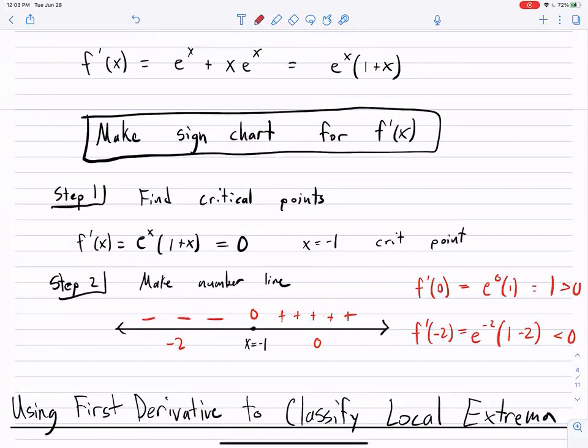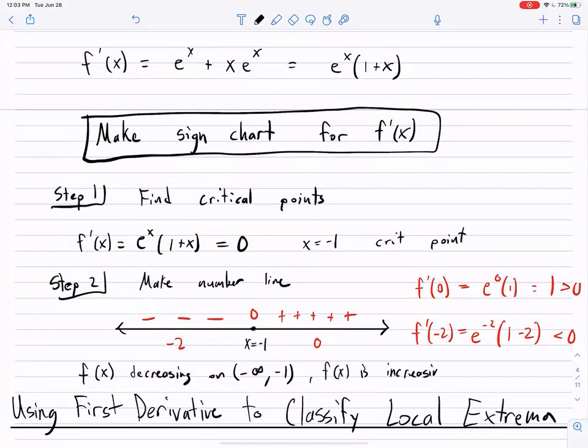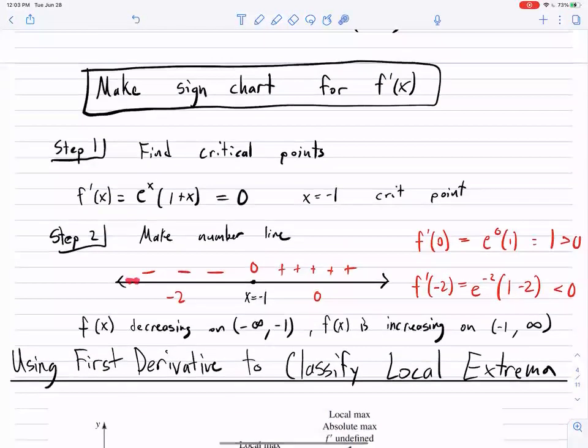And so we'd say that f of x is decreasing on -infinity to -1, not including -1 because it's 0 there. And f of x is increasing on -1 to infinity. And so this is where it's decreasing. It's decreasing here and it's increasing there. So the slope is negative here, then it's 0, then it's positive.